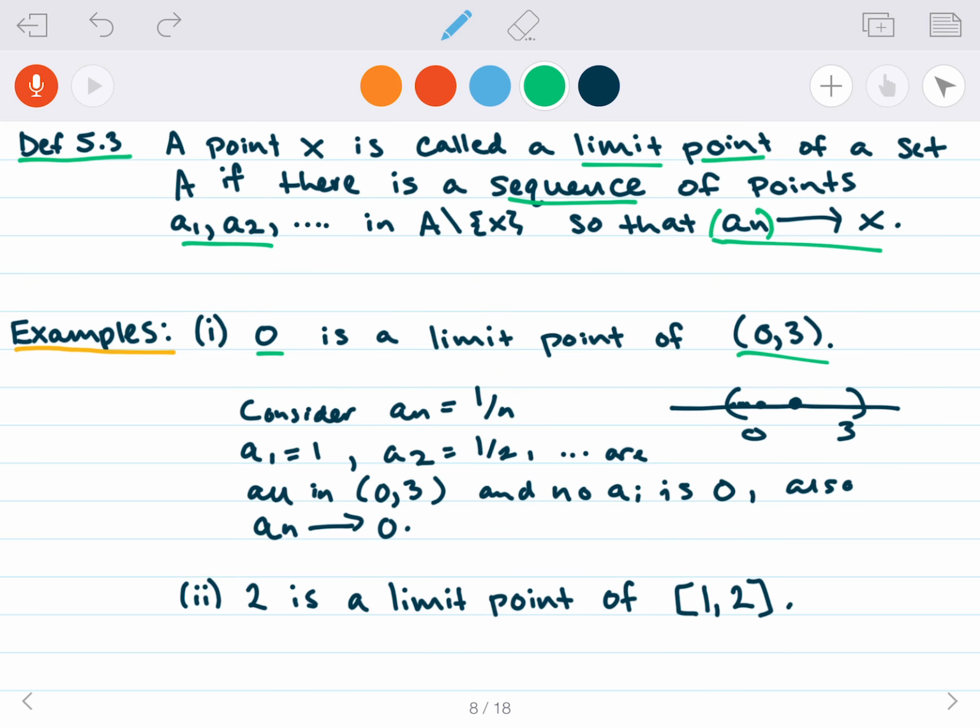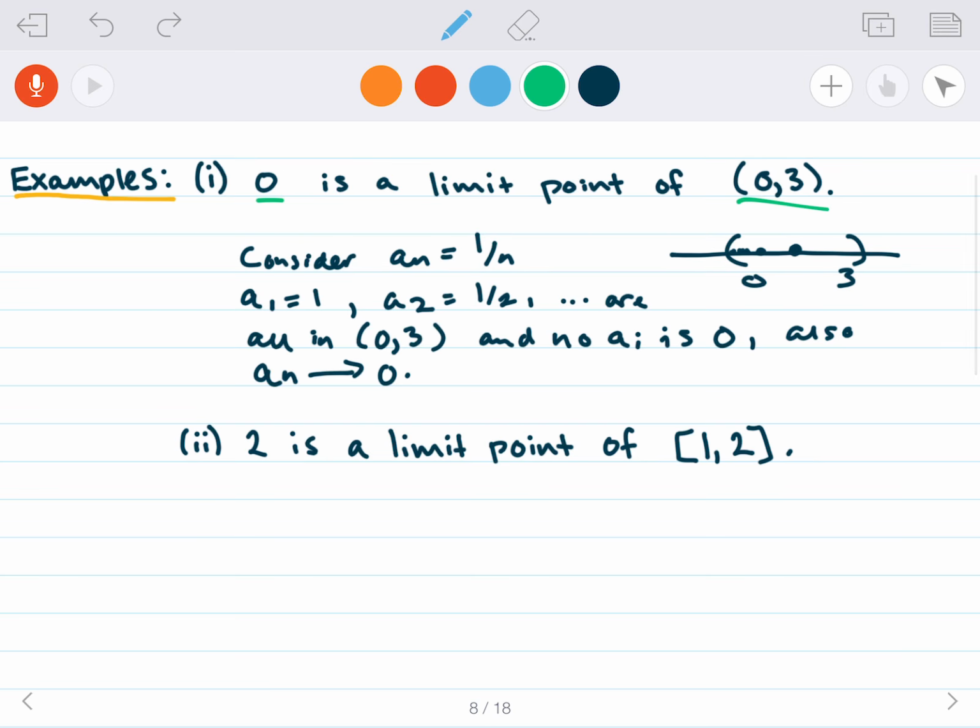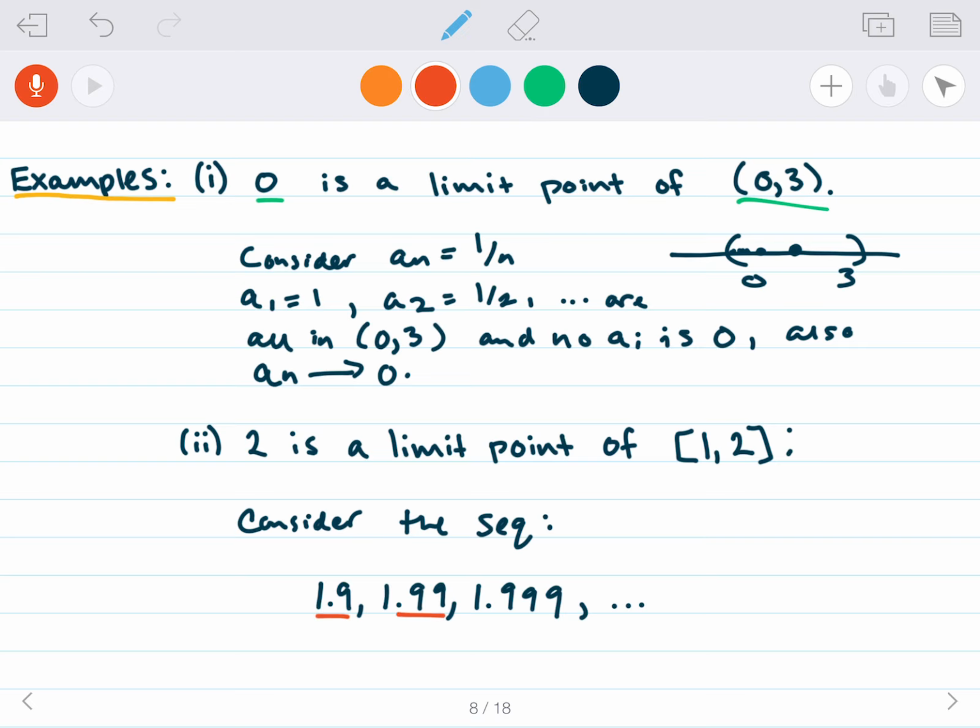Let's look at this example of a closed set. So 2 is a limit point of the closed set [1, 2]. We can consider the sequence that is getting closer and closer to 2. Notice that each of these terms in the sequence is completely contained in [1, 2].